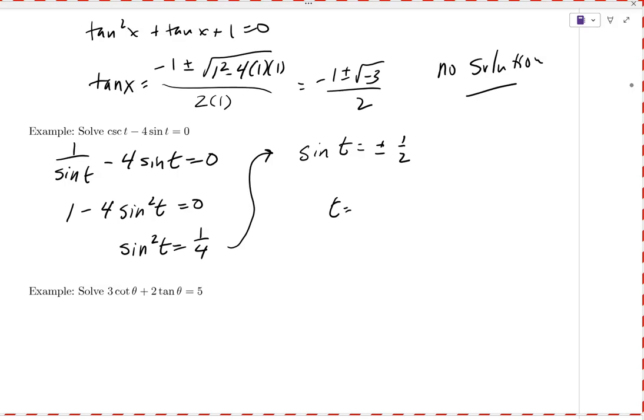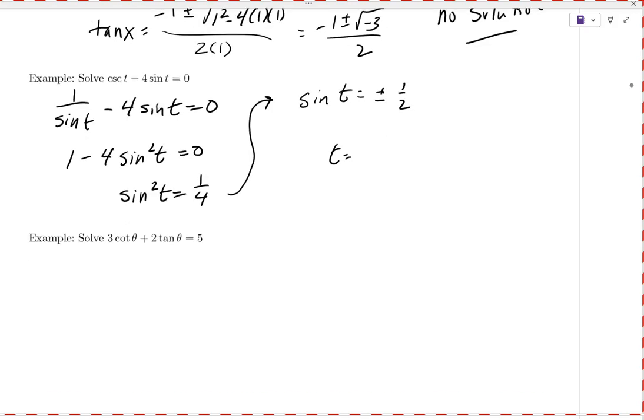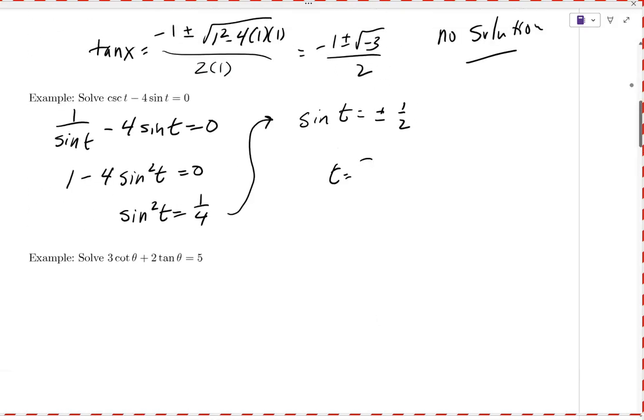Notice in this case, it's positive or negative, so we're looking at all 4 quadrants. So in quadrant 1, sine is equal to 1/2 where? 5/6. And then in quadrant 2, we would use 5/6.